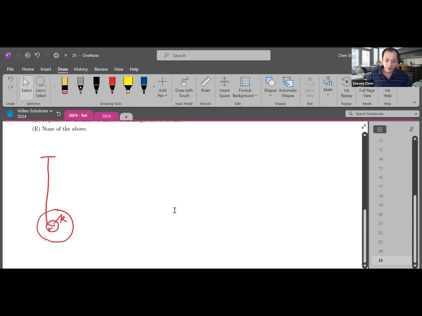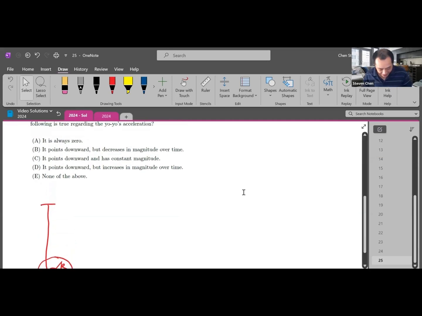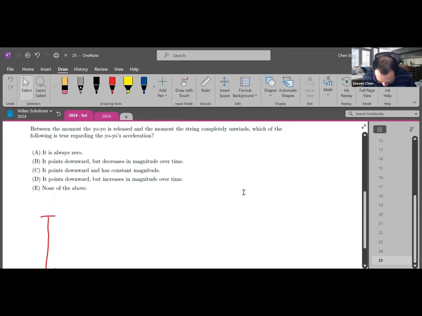So this really depends on how you understand the problem. Suppose you insist on saying that there should be displacement or acceleration in both the vertical and horizontal direction. Then you look at those choices, right? It seems that none of them is correct.